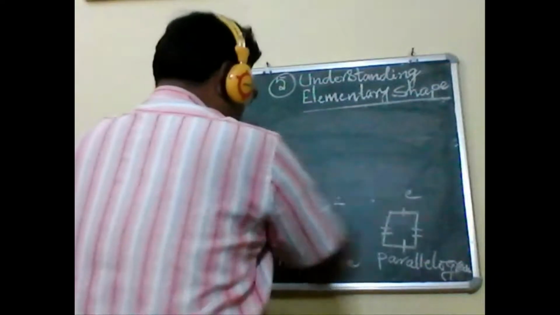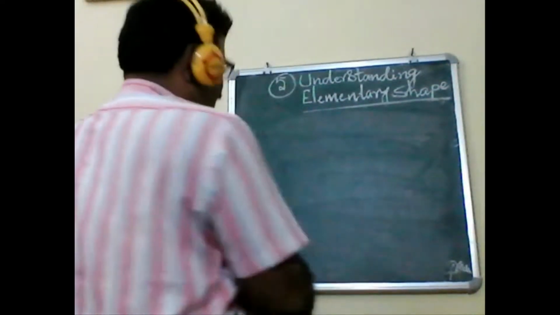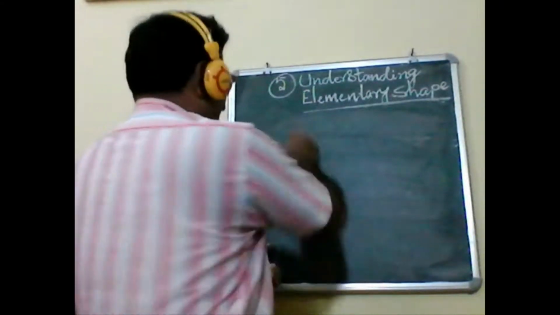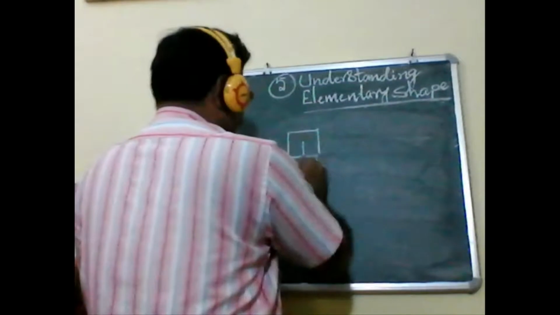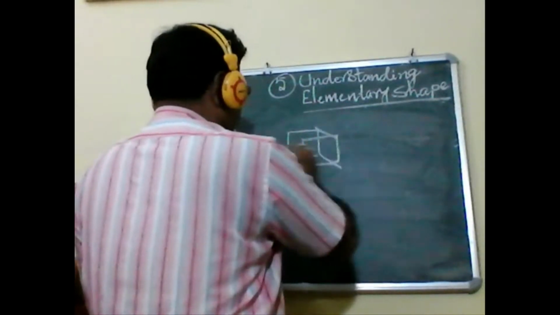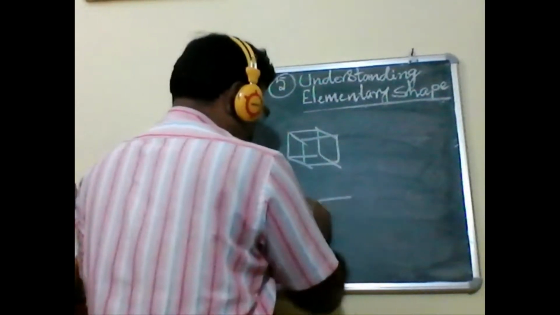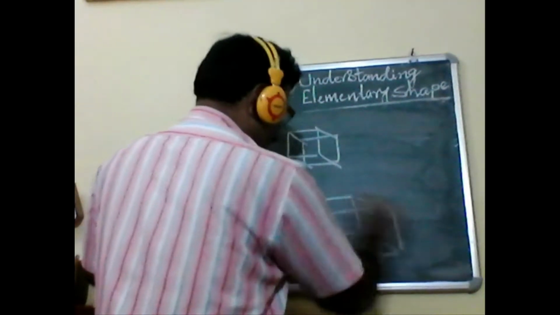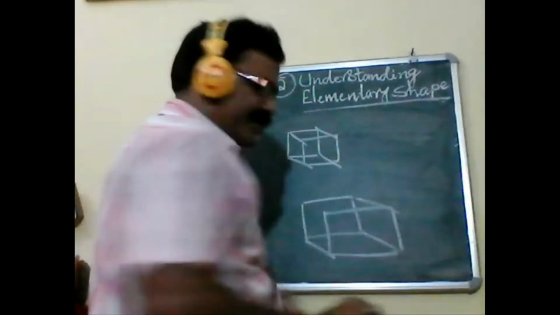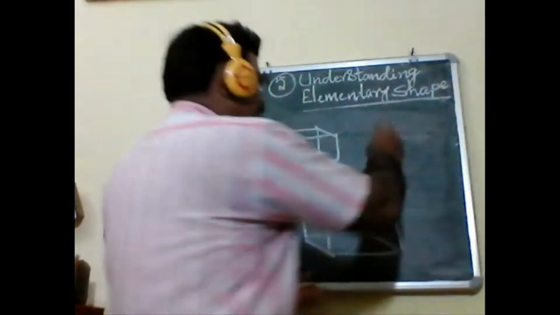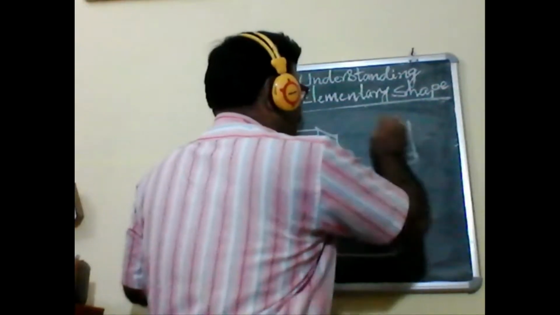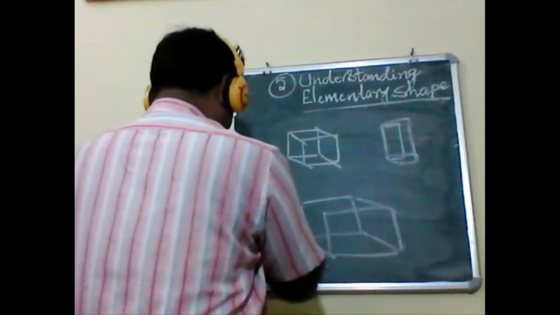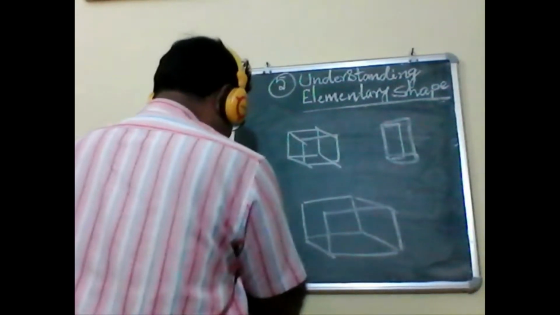At last we will see the 3D figures. In 3D figures, in general life situations, you see the cube, cuboid, prism, cylinder, cone, and sphere.